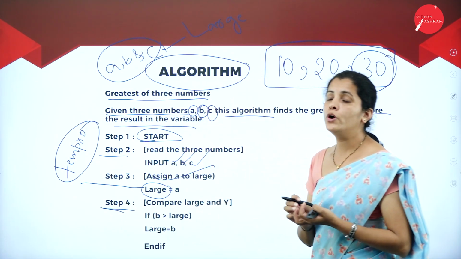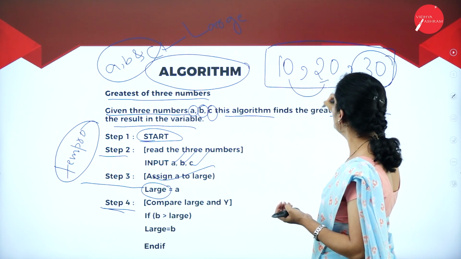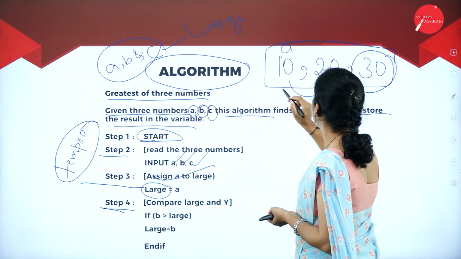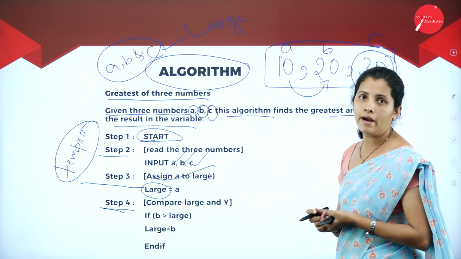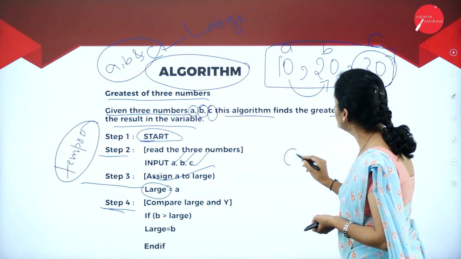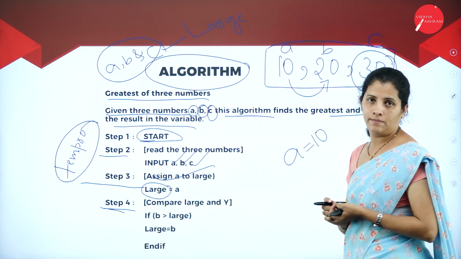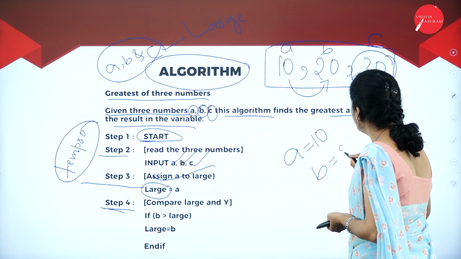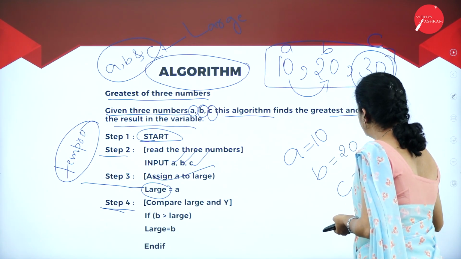Then what is my fourth step? That is I'm going to compare the A value with the value B. For example, this is my A, this is my B value and this is my C value. So what does A hold? Here A holds 10. Then what about B? B equal to 20 and C equal to 30.